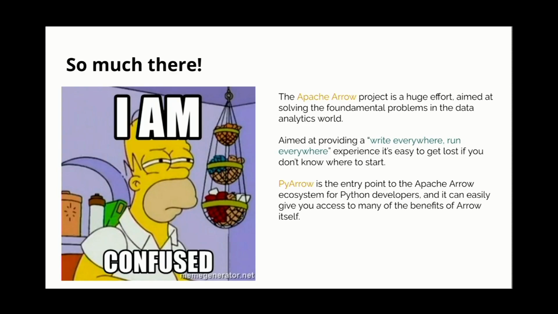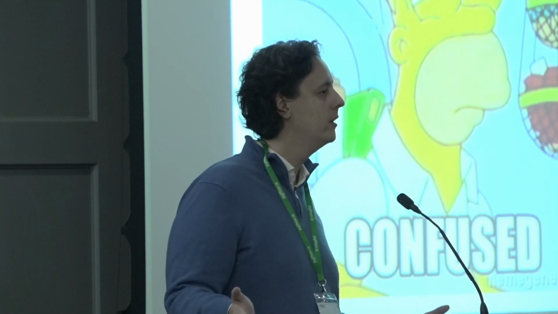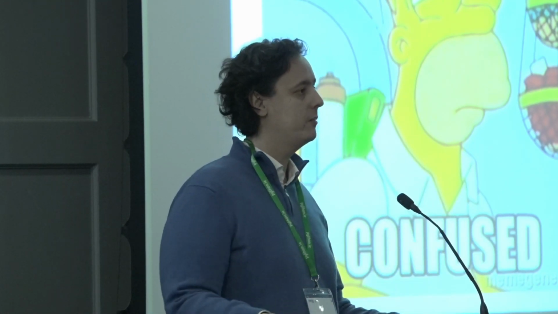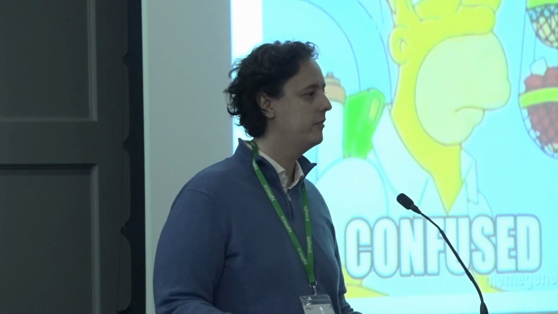There is a lot inside Arrow, and the reason is that the mission of Apache Arrow is to give you a world where you can write software once in any language you like, Go, Python, Ruby, whatever, and they all have an available implementation of Apache Arrow, so you don't have to learn anything new.